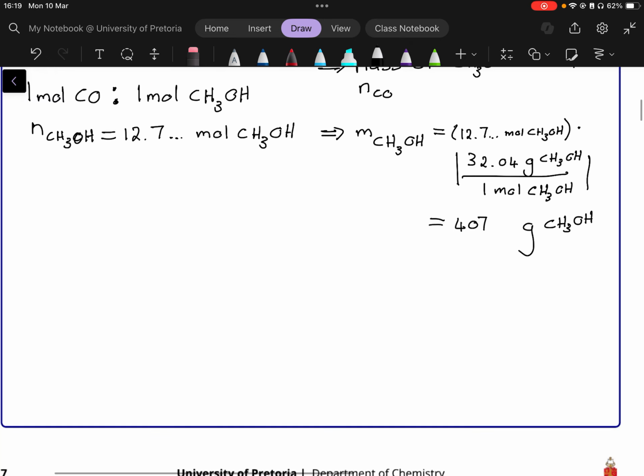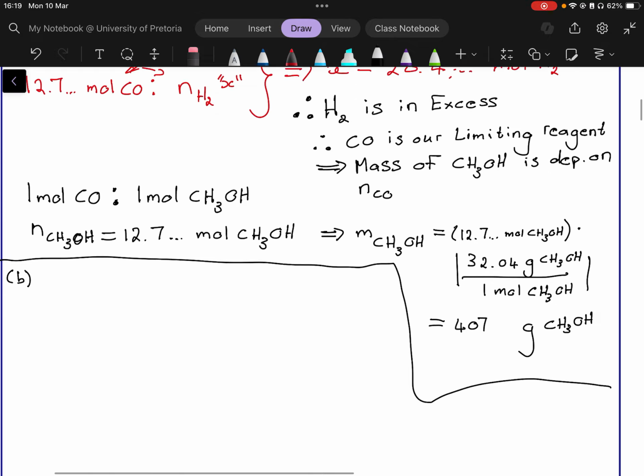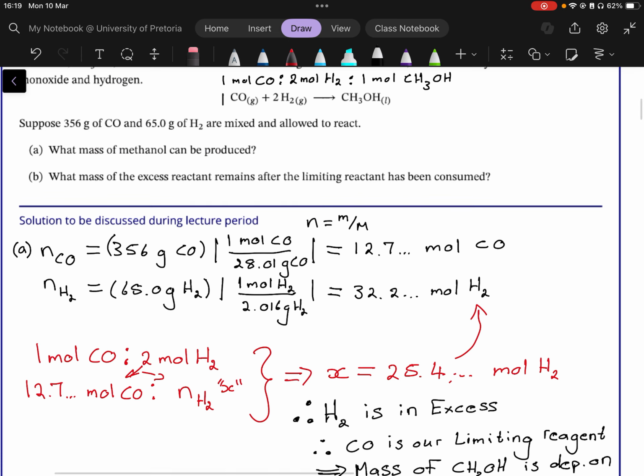Okay, let's make a nice little space here for ourselves to do the B part. All right, B asks, what mass of excess reactant remains after the limiting reactant has been consumed?